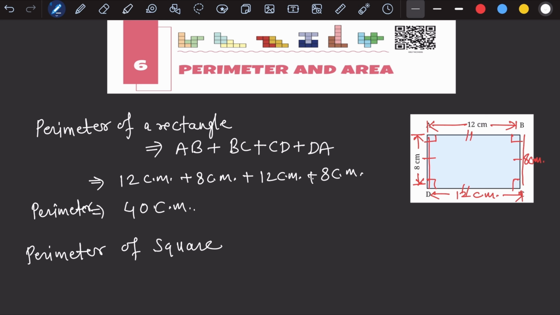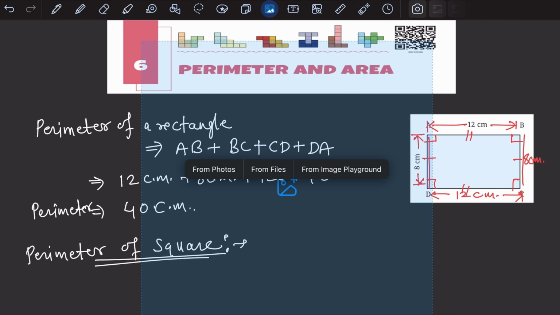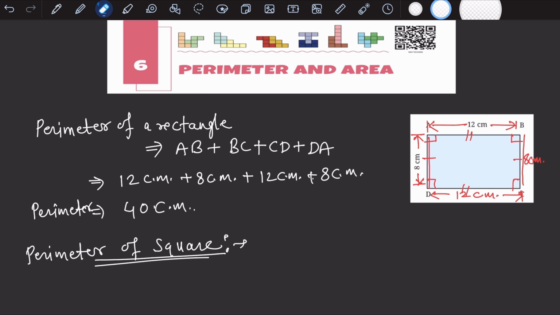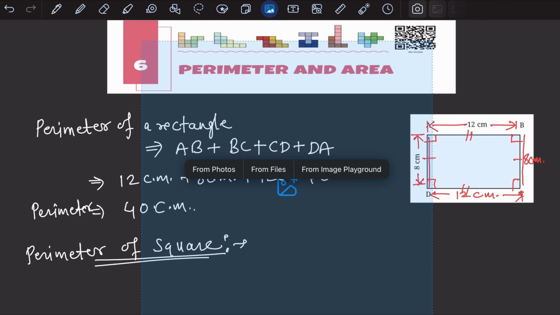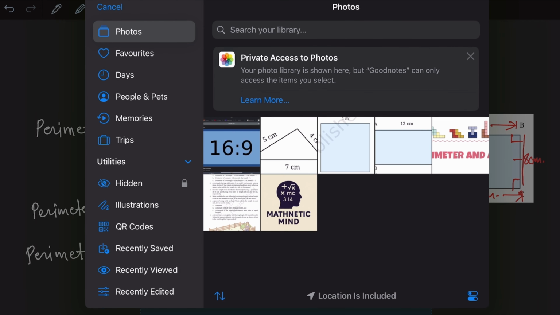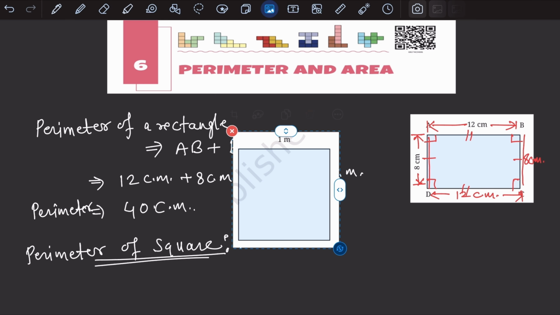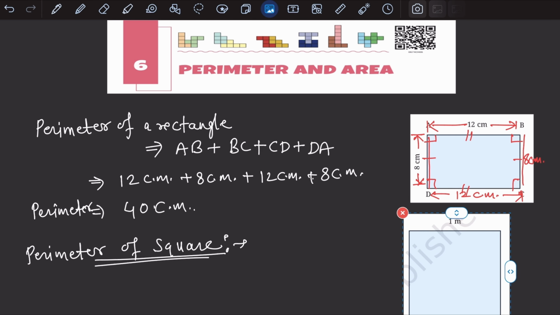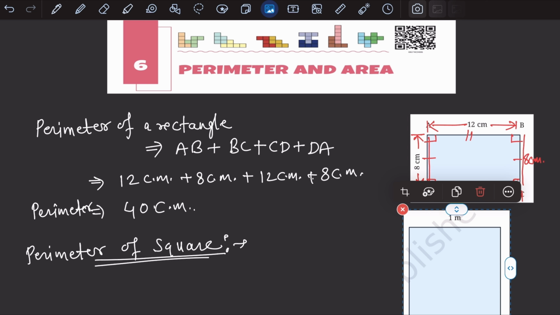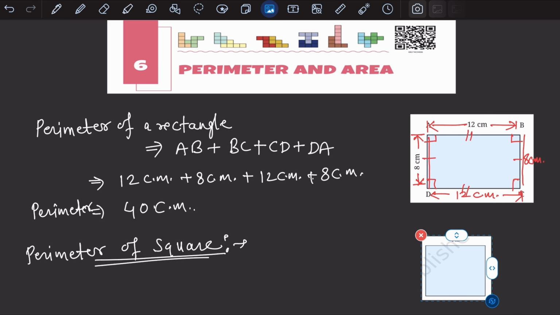So the perimeter of a square, again, if we take an image like this one, okay, so this is a square.